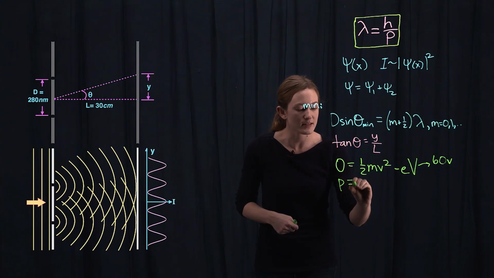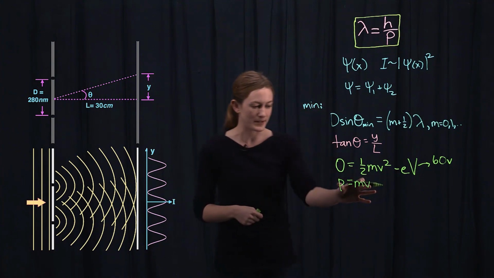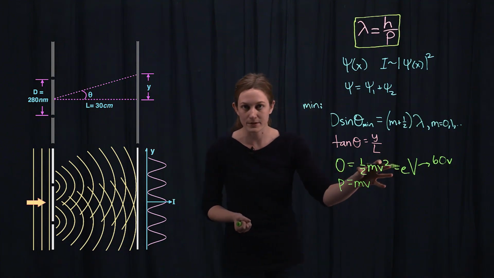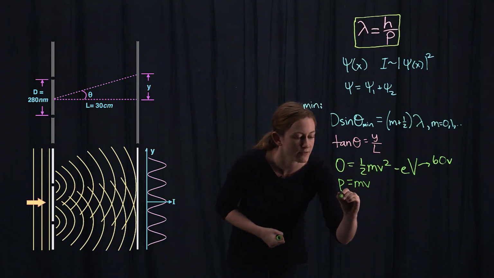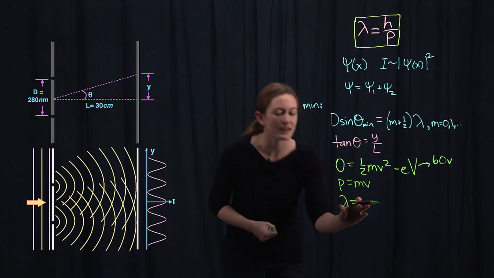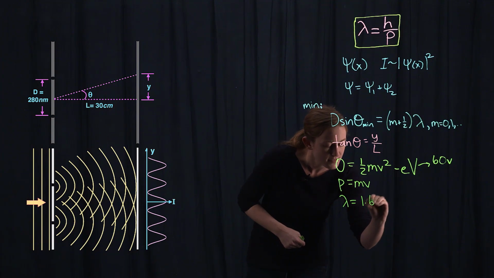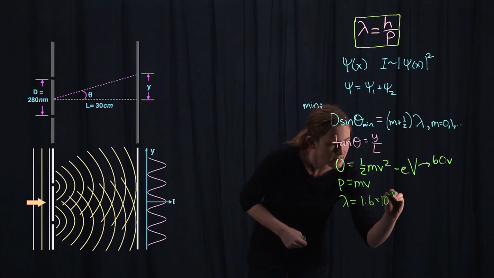Of course, this velocity is related to the momentum p equals mv, and so from these formulas, plugging in the numbers, which see the attached PDF for more details, we would find that the wavelength of the electron is 1.6 times 10 to the minus 10 meters.